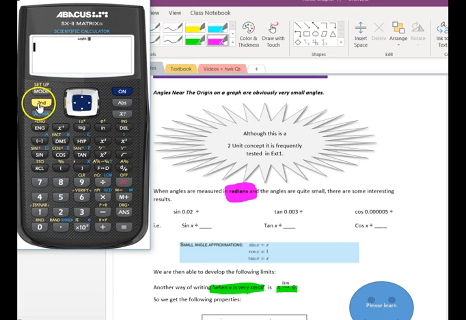Anything written in yellow, we need to press second function. And you can see we want to select 2 now, and our calculator is in radians. And as you can see here, you get 0.019986.